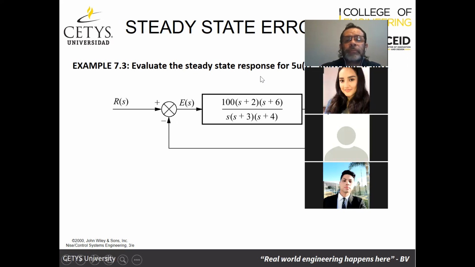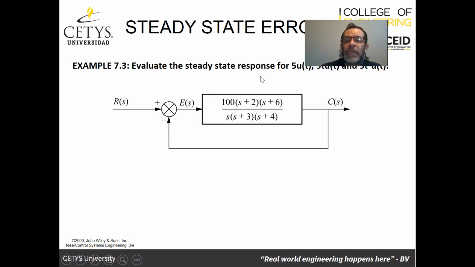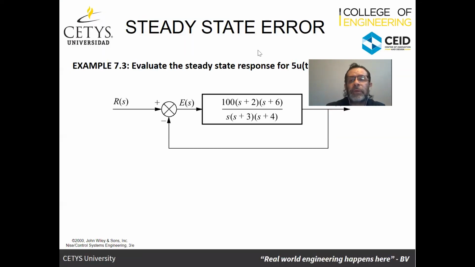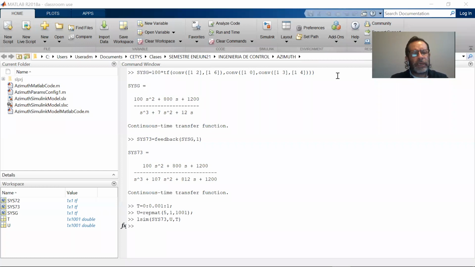Now, the next is to see how the system behaves to a ramp input. So we saw the response for the system for the 5-step input. So now we see that this system is able to reach a constant final value for a step input.